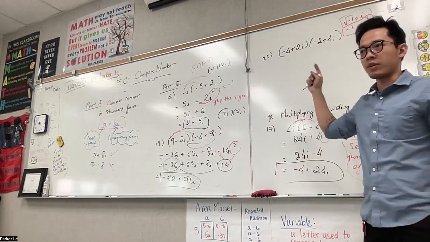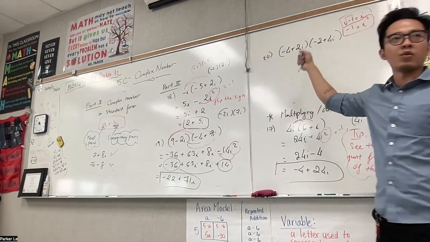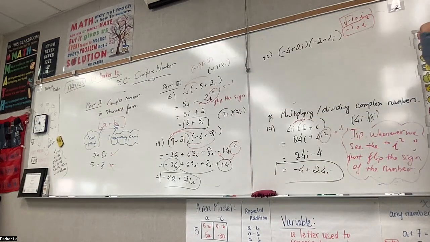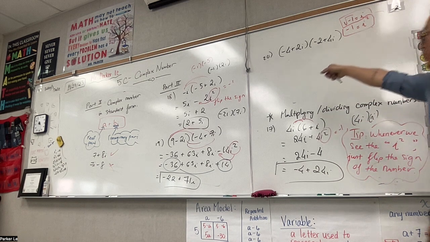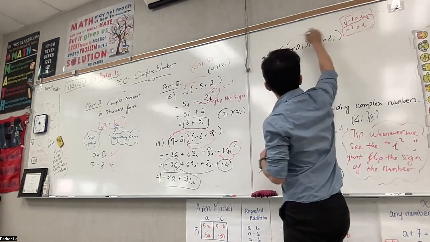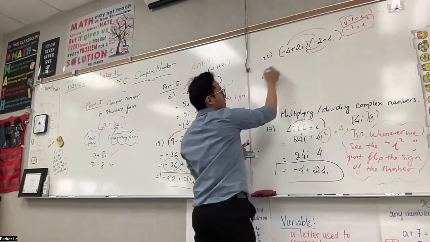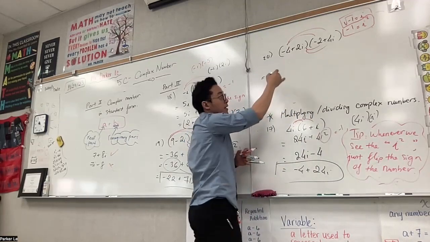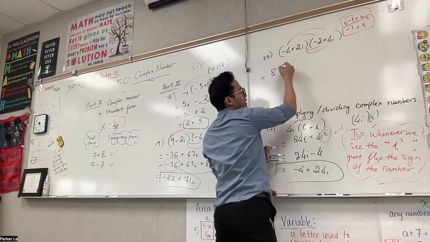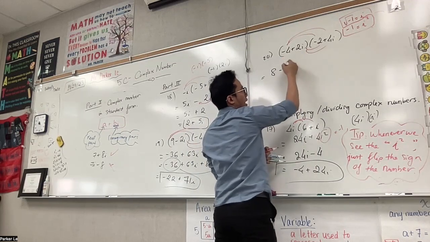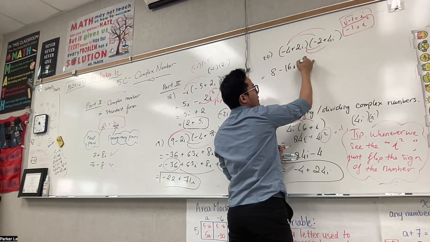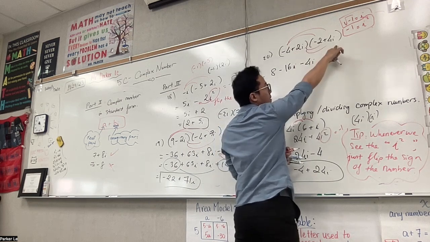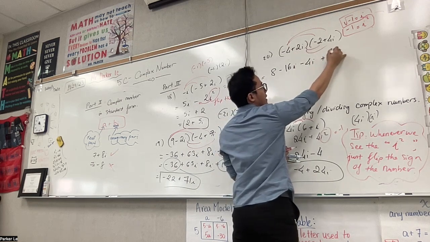Last one. One more, okay. What's the main point today? Chris? Distribute, right? FOIL. Tell me what you wrote. Positive 8 and negative 4i. 2i times negative 2, 4i. 2i times 4i is 8i squared.